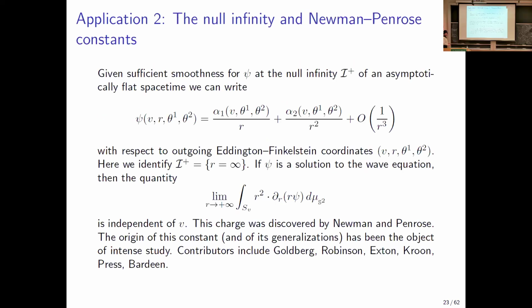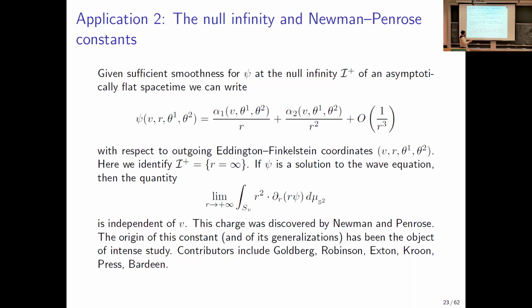All right, let me give you another application, another form of the conservation laws. We have Minkowski, which is perfectly flat, but you can also have spacetimes which are not everywhere flat, but asymptotically flat. I already talked about asymptotic flatness of initial data. Now you can consider asymptotically flat spacetimes.